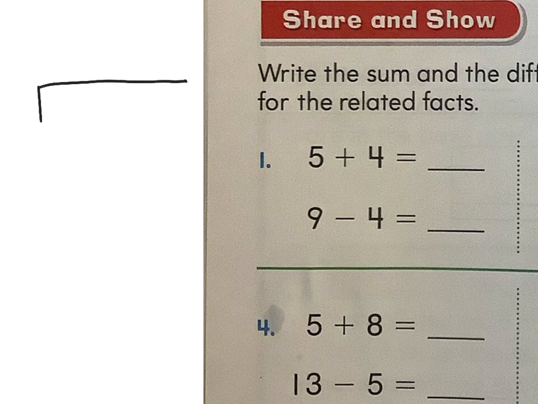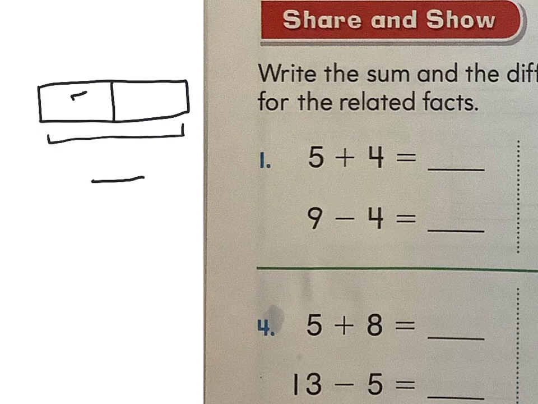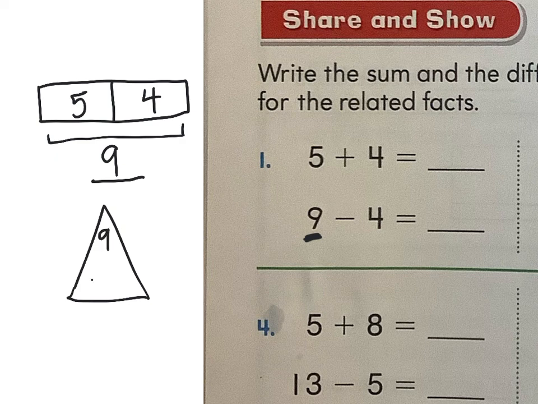You could draw the bar model like this and fill it in. Or you can draw your fact family triangle. Put that 9 at the top and 5 and 4 on the other sides. Now you can see you use the same 3 numbers to solve.